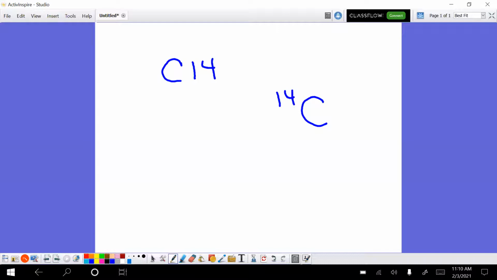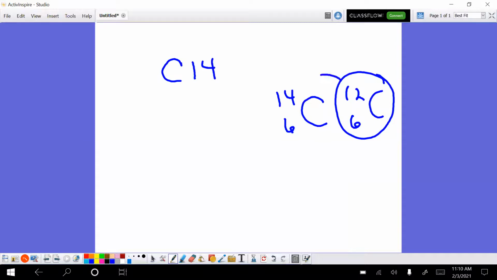You're going to put the mass that you're given there, and then the number of protons, which is the atomic number, 6. First of all, we need to ask, is this an isotope? As I look at the periodic table, the normal atomic mass is 12. So 12, 6, carbon. Now, this one is normal.